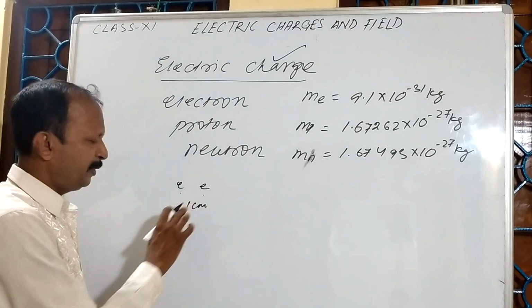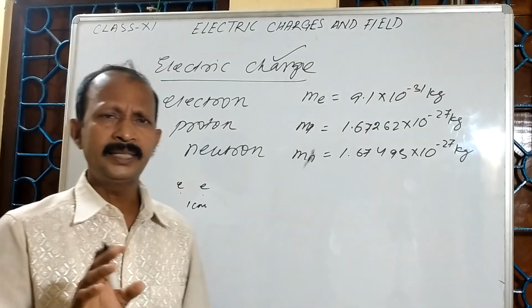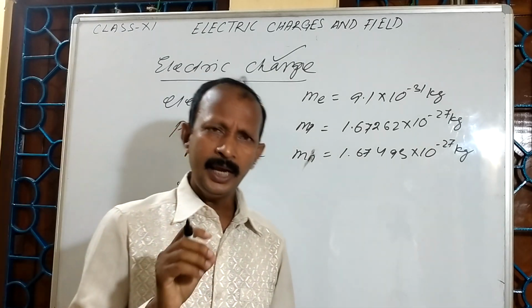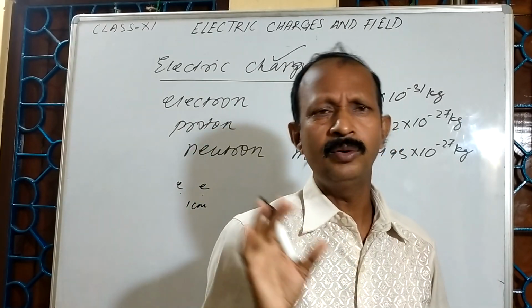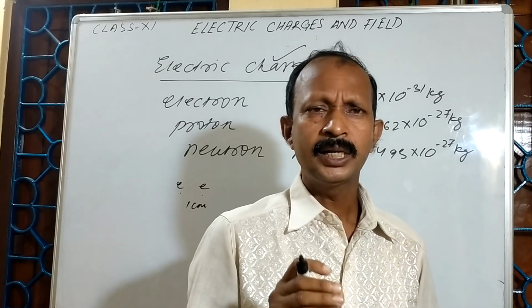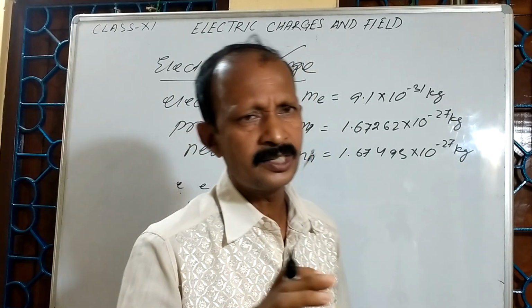If the distance between them is 1 centimeter, definitely there is a force of attraction. We know that any massive body has a gravitational force. If a body has mass, then definitely there will be a gravitational field and a gravitational force.